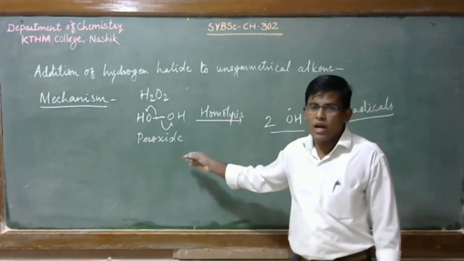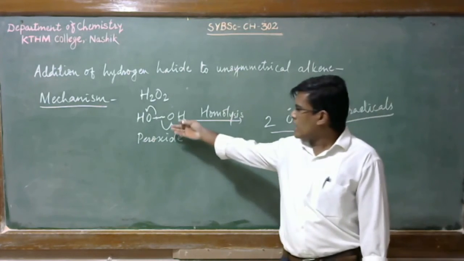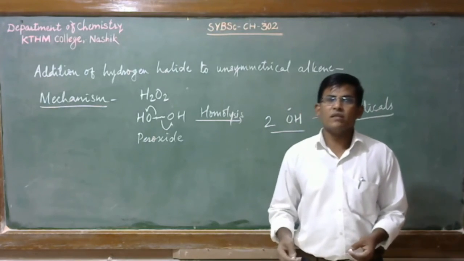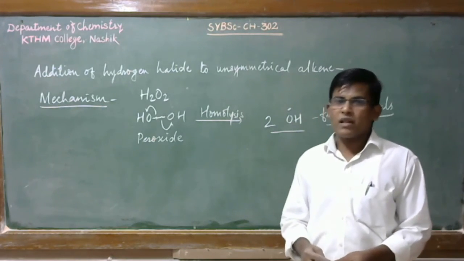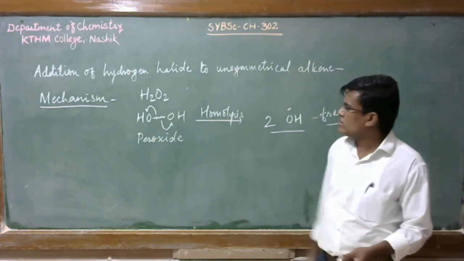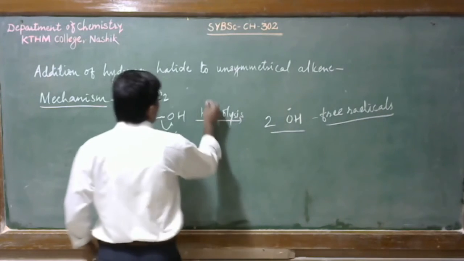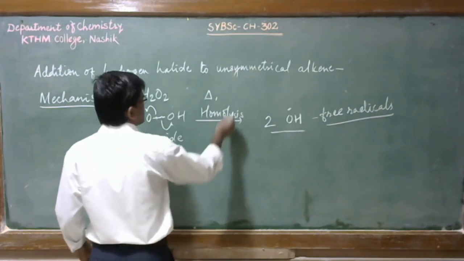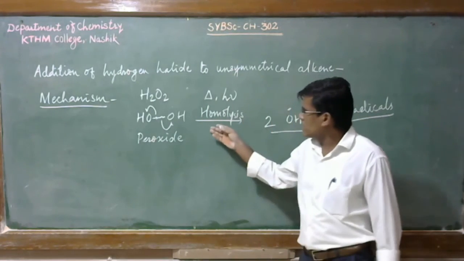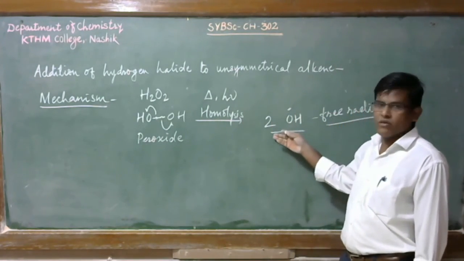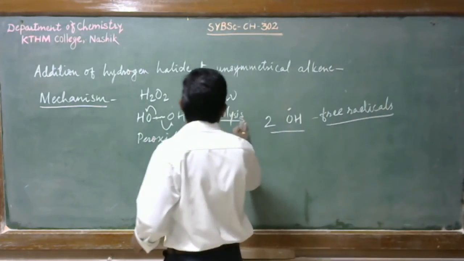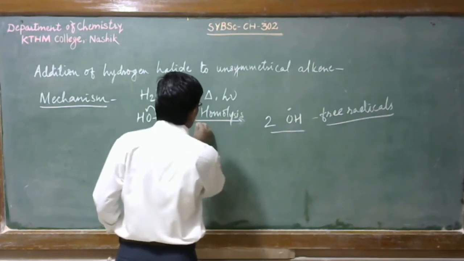As I said, hydrogen peroxide is unstable, so this mechanism follows the free radical mechanism instead of an ionic mechanism. When you heat it or expose it to sunlight, photochemically it can cleave to give these two free radicals. Alright, so this is in equilibrium.